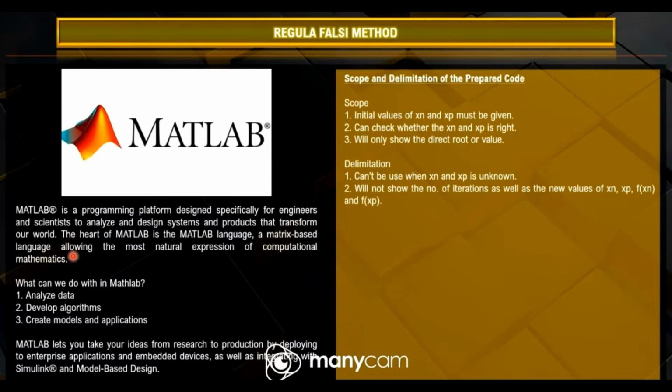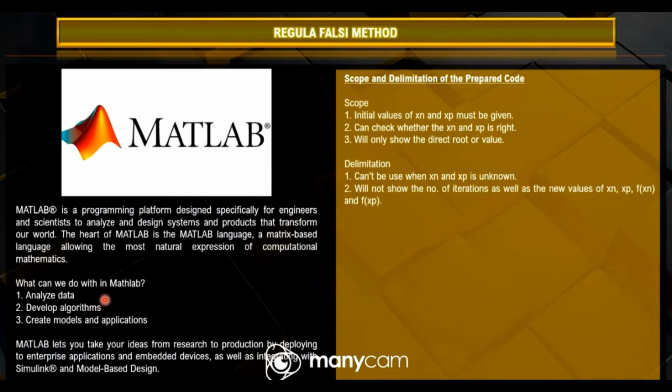This is similar to other programming platforms such as Python, C++, and others, but more inclined toward engineers and scientists. Also, for me, it is easier to use and navigate than others.